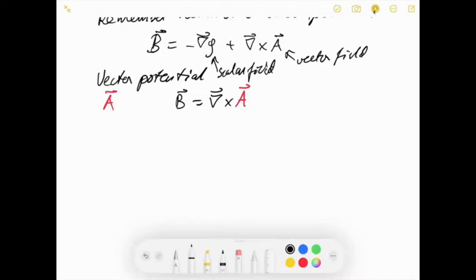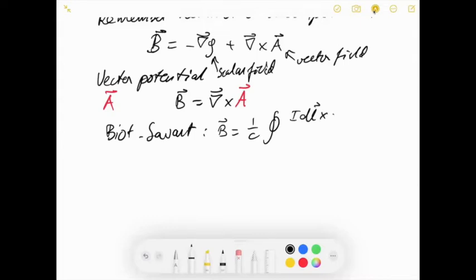So let's remember that from Biot-Savart, we had our B is 1 over c, line integral I dl cross R over R squared.